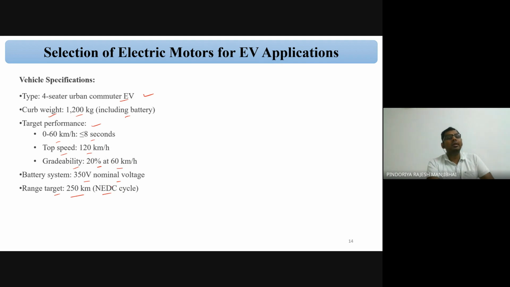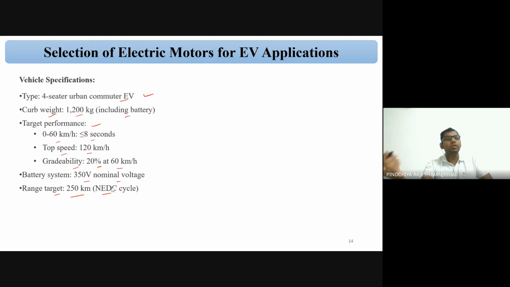The driving cycle we already discussed in a previous class, I think two classes before. So this type of practical parameter we get from the customer, correct? And our target is to consider the electric motor and select which type of motor to use. Maybe induction, BLDC, PMSM, or SRM motor, correct?